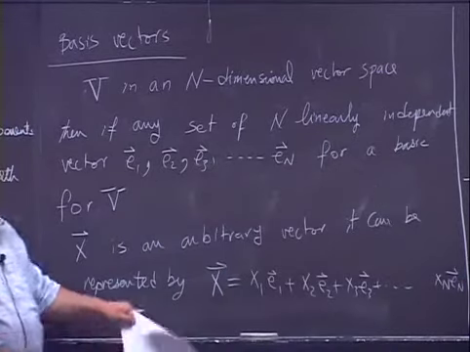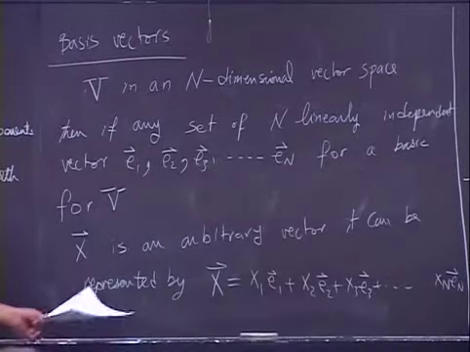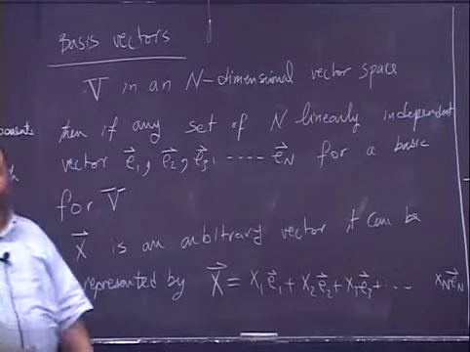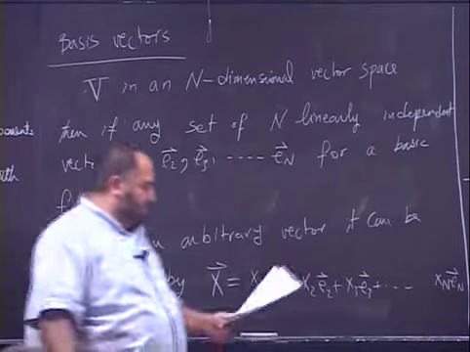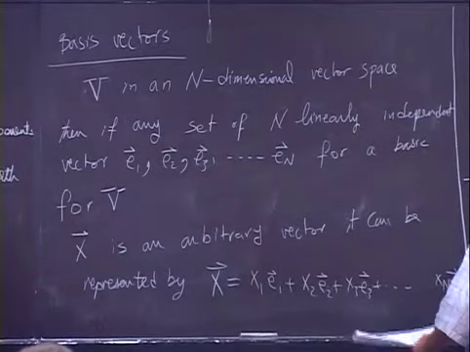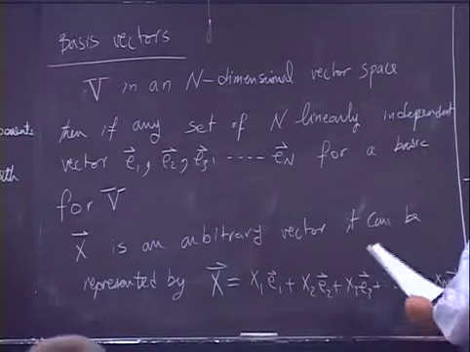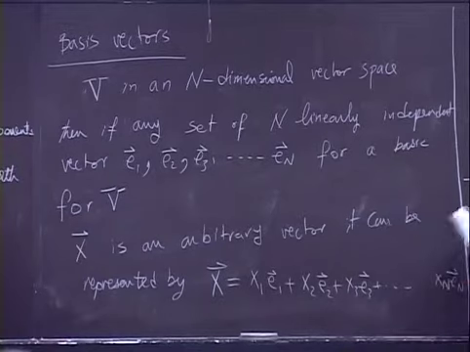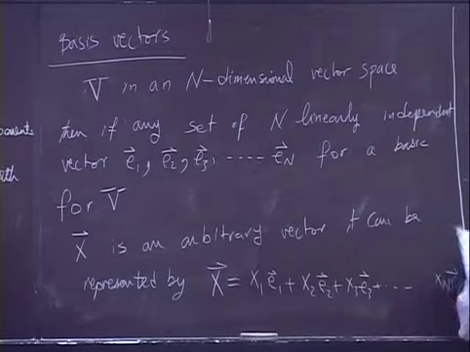You can in principle write any vector in this form. So where xi are the components of the vector x, where xi is x1, x2, x3 up to xn.